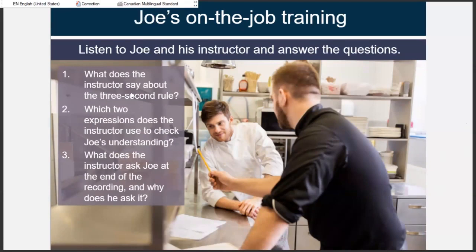The last question here: what does the instructor ask Joe at the end of the recording, and why does he ask it? He said he wants to see his certificate of completion for the hygiene standards, because really his answer was some sort of ignorant.